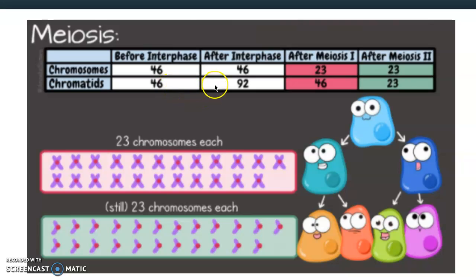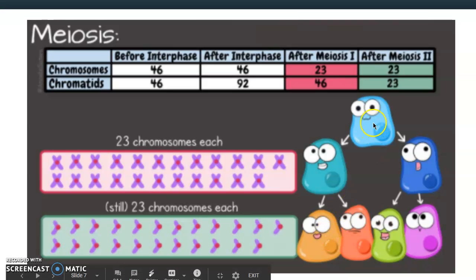But after interphase, we have gone through DNA replication. So after we replicate every one of our 46 chromatids, now we have 92. 46 times 2 is 92. Great. So then after meiosis 1, where we end up with 2 cells, we go back to each of them having 46, but then we do another division where we end up with each of them having 23 chromatids.